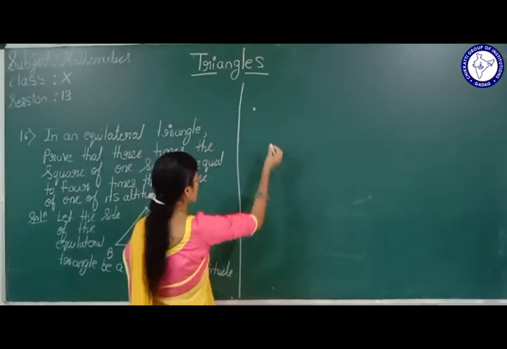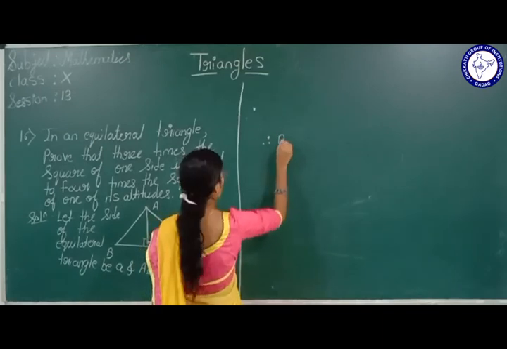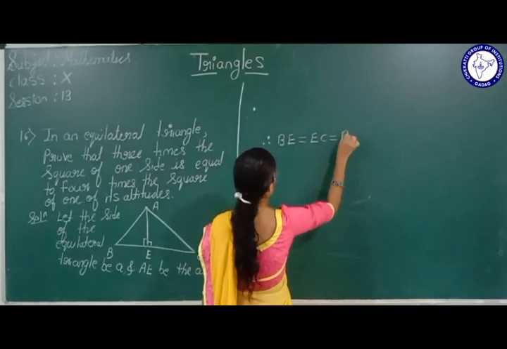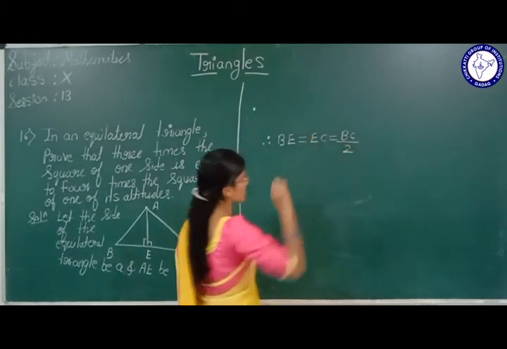If AE is the altitude, therefore BE is equal to EC is equal to BC by 2.